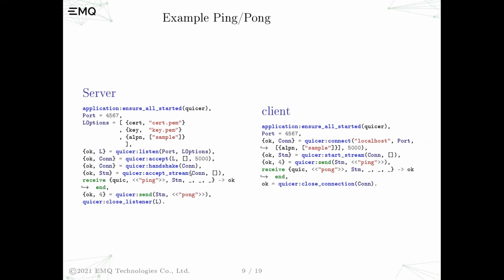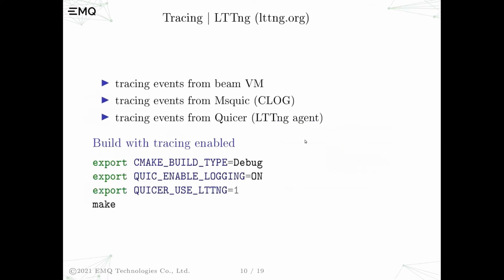Then you accept a stream, get new data from the stream, and then reply. The client is similar with the connect API. You get a new connection handler, then you can start a new stream, send some data over the stream, and then expect to receive. It's worth mentioning, as you can see here, it's an active receive, and we also support passive receive.